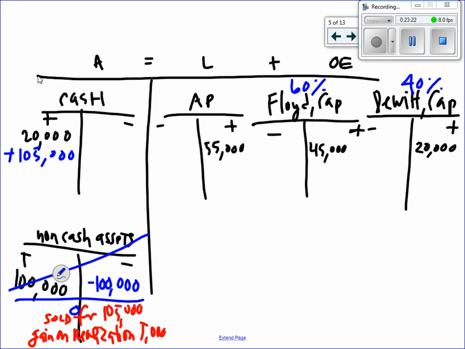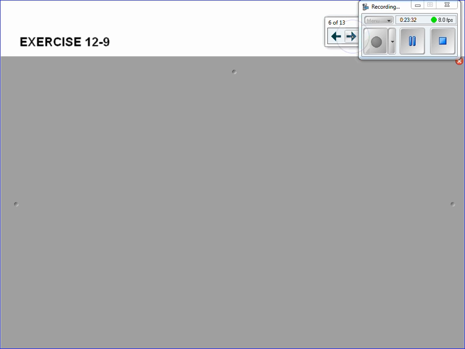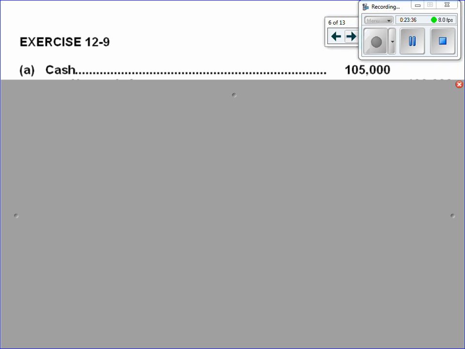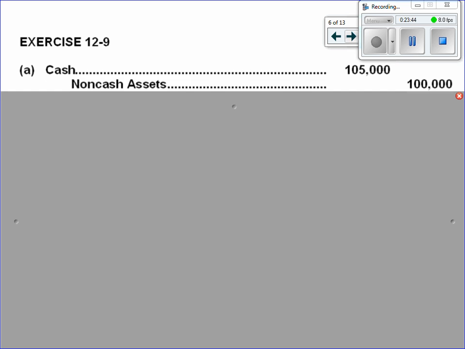We don't have that T account here. It's kind of one of those that could be a debit, could be a credit, but let's journalize what happened right now. Okay, so we had a debit to cash, 105,000. We had a credit to all the assets that had an original value of 100,000.